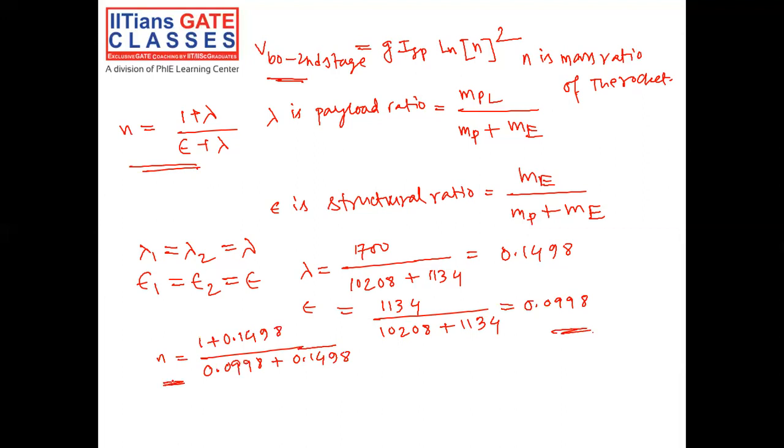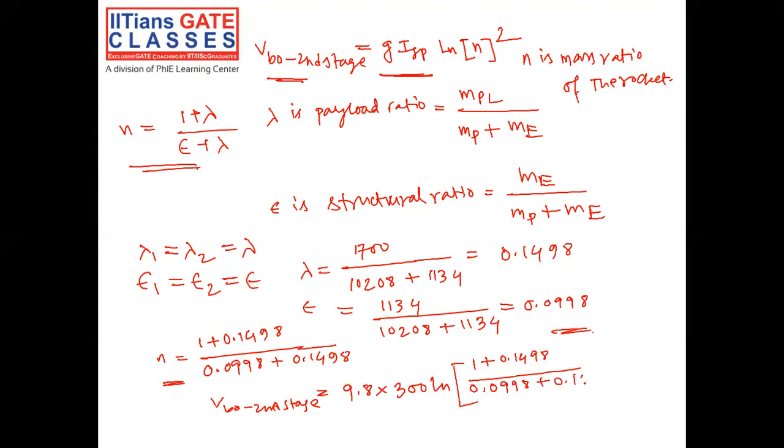Now if we substitute this value of n in this main expression, we'll get V burnout at second stage is 9.8 multiplied by ISP, which is 300, and ln of this one plus 0.1498 by 0.0998, this square, so this meter per second.